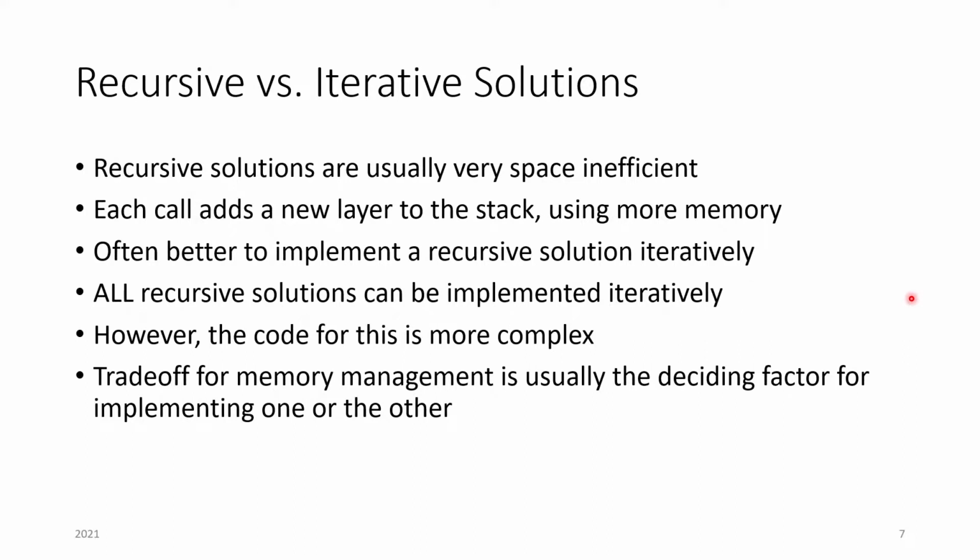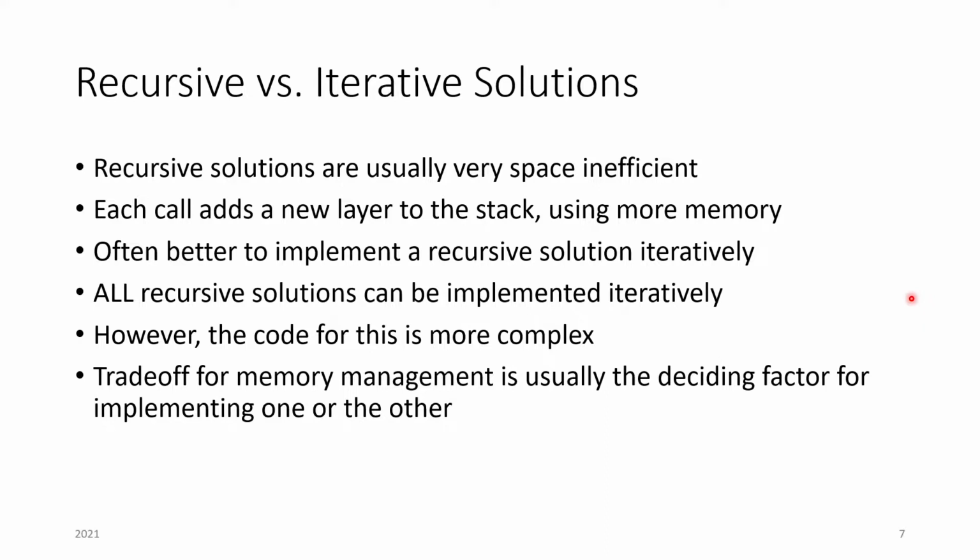Now, there are also iterative solutions that exist for any recursive solution. We're going to briefly discuss the differences between recursive and iterative here. Any recursive solution is going to be very space inefficient, because when you do a recursive solution, it keeps calling itself as its function. Each function call means you keep needing to allocate memory to each of those calls.